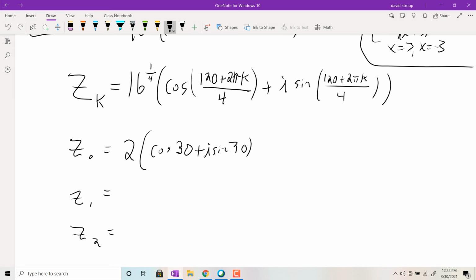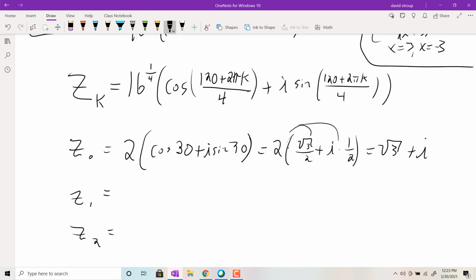And if you want to get it into rectangular form, which I think the book wants, that'll be 2 times cosine of 30, which is root 3 over 2, plus i times 1/2. And distributing the 2, we'll get root 3 plus i for our first root.